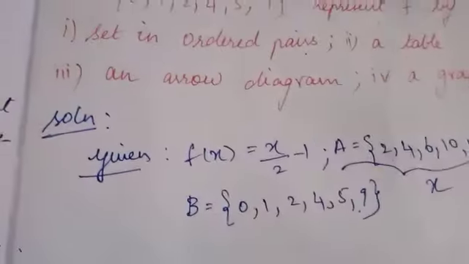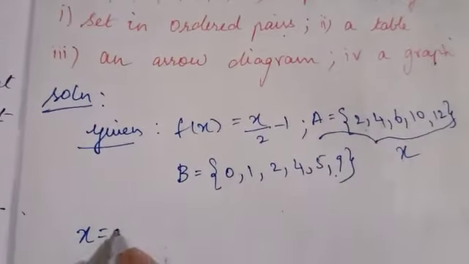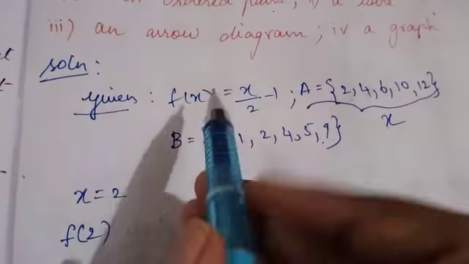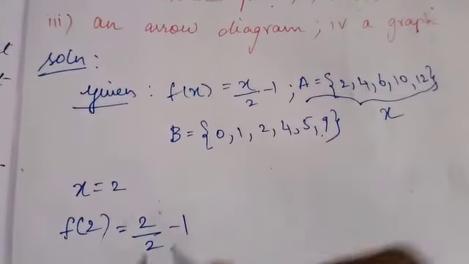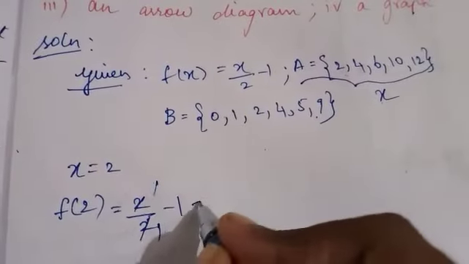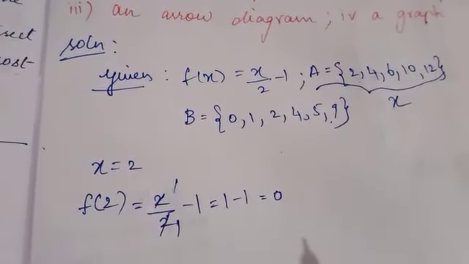So first, when x is equal to, what is the first value here? 2, right? So when x is equal to 2, f of 2: in the place of x, I am substituting 2. 2 by 2 minus 1. So we can cancel this: 2 ones are 2, 2 ones are 2. So 1 minus 1 is equal to 0.